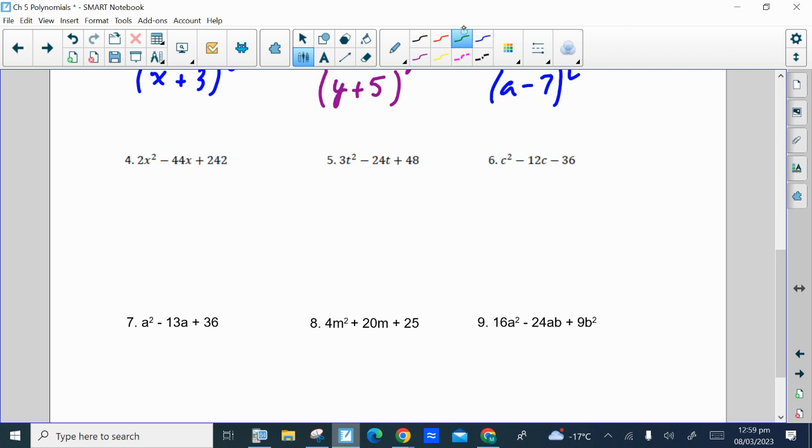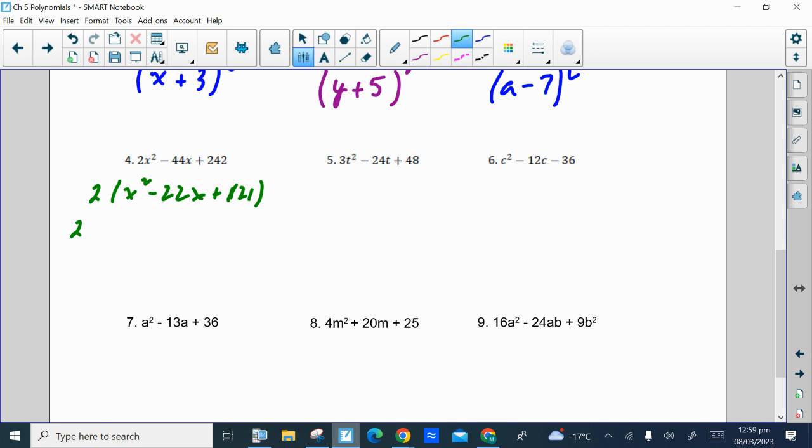Number 4 right now is not a perfect square trinomial because neither 2x squared nor 242 are perfect squares. However, remember, the first thing you always look for is a common factor. And there is a common factor of 2 that you would take out first. So that gives you x squared minus 22x plus 121 inside the bracket.